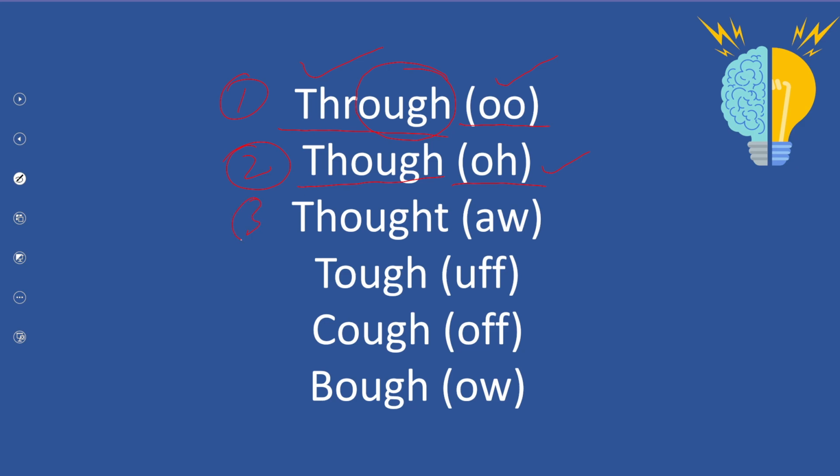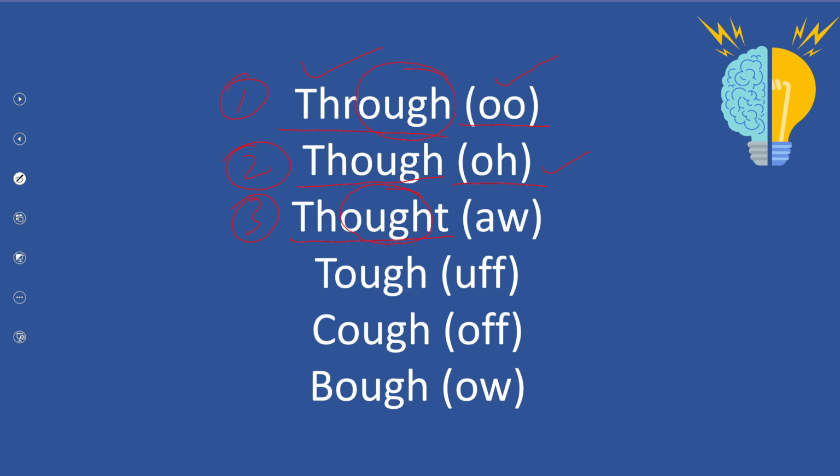Number 3, here again we have the same letter string OUGH, but this is pronounced as thought. Yes, repeat after me. It is thought. And what sound are you hearing? Is it the O sound, the U sound, or something different?